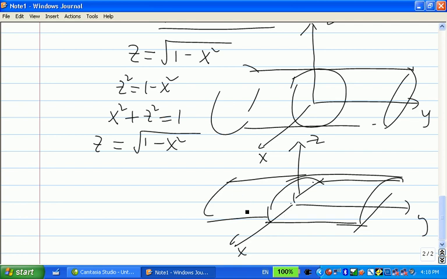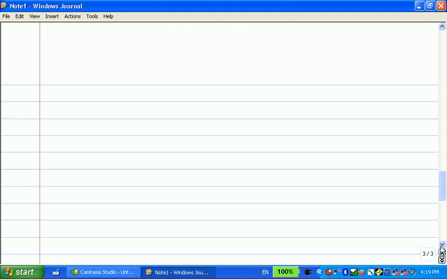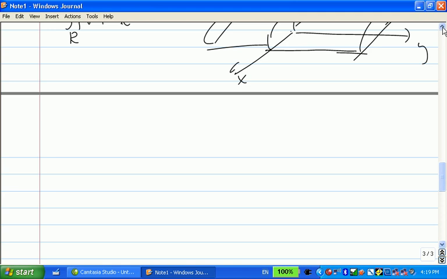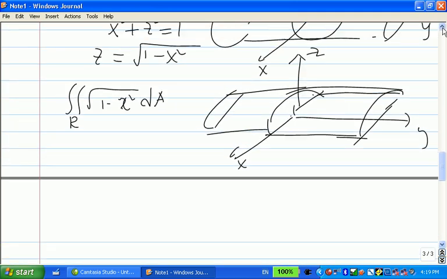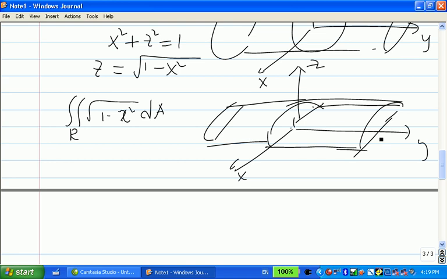So this double integral gives you the volume under this surface, which we know is exactly half of this cylinder. Restrained here x is 1, here is -1, and we're talking about just a portion of that, y from -2 to +2.